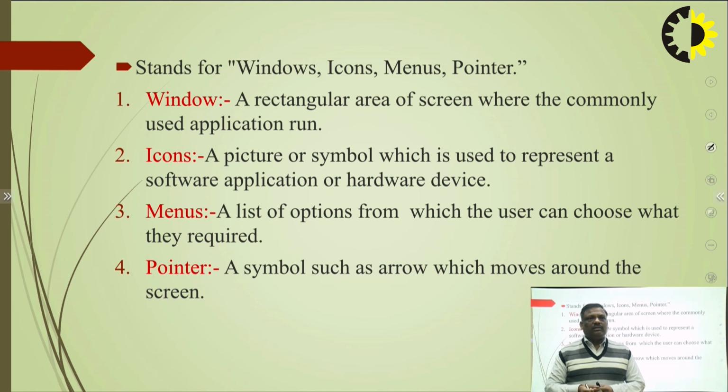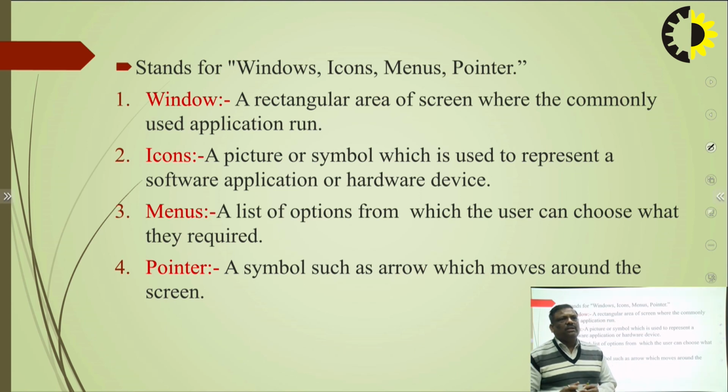And icon: when we use a computer, we see different types of icons present on our screen or in a window. Suppose the icon is My Computer. The My Computer icon is present on my screen. We click or double click on it, and we perform some operation. So an icon is a graphical, small-sized picture through which we can operate the system.